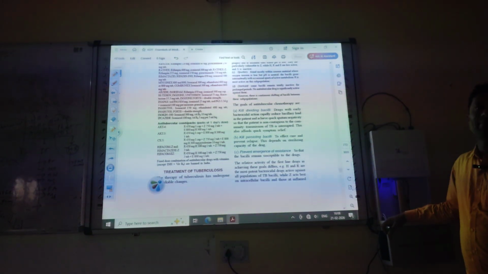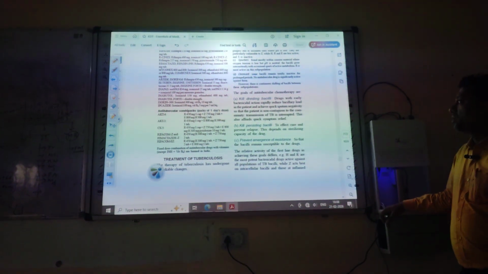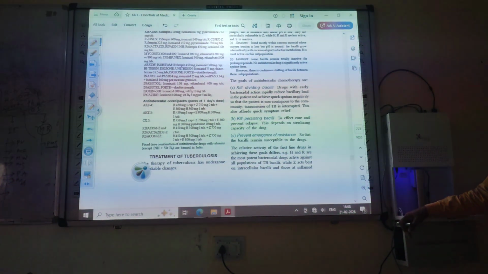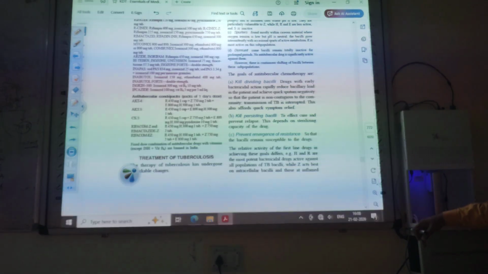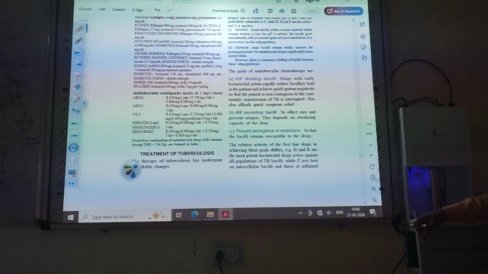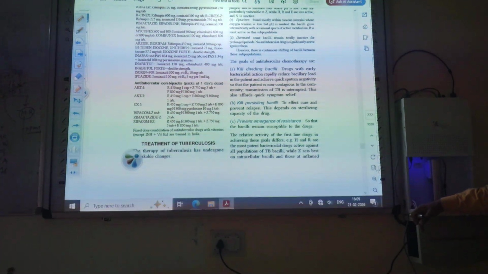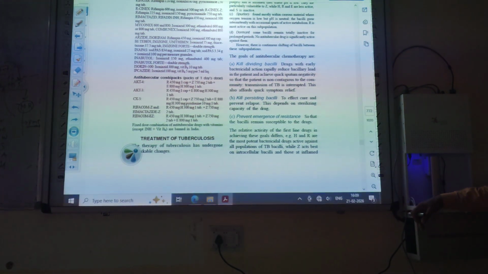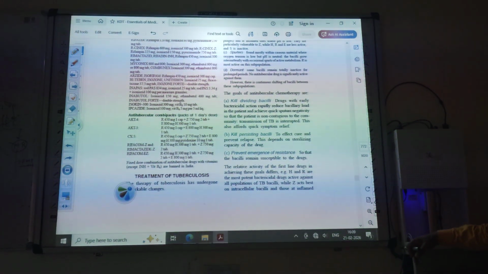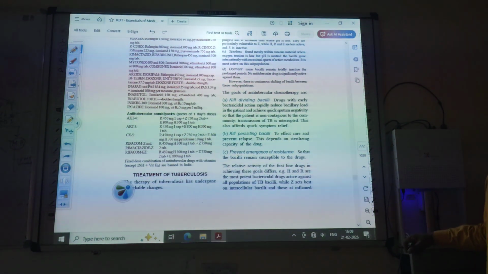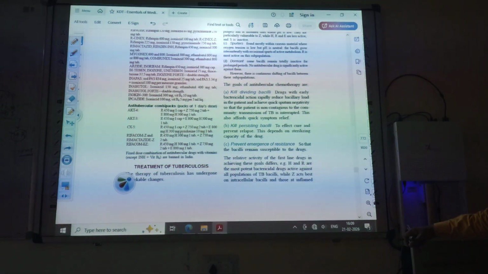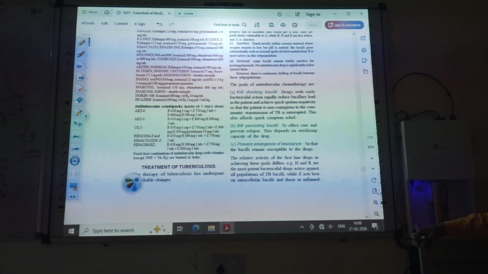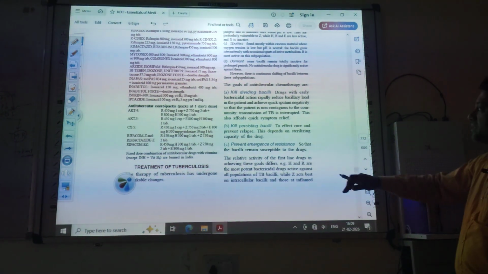And what is our goal? Number A is kill the dividing bacilli. Number B is kill the persisting bacilli. And number C is prevent emergence of resistance. Okay. We have to make sure that there will be no resistance to the drugs. Prevent emergence of resistance.